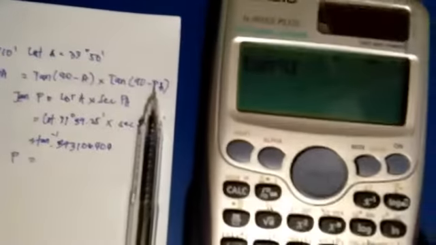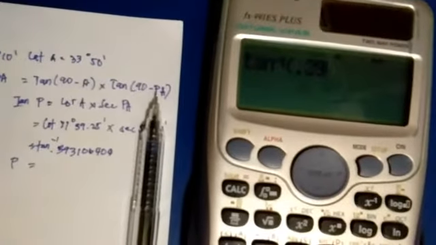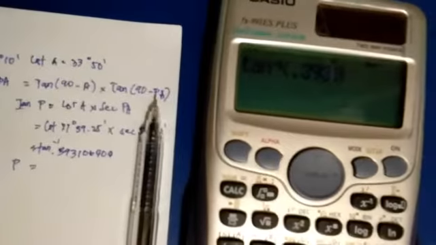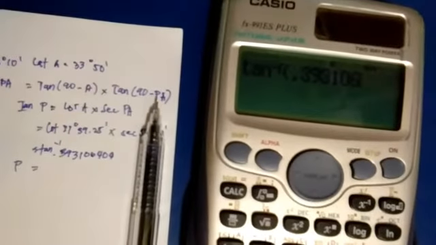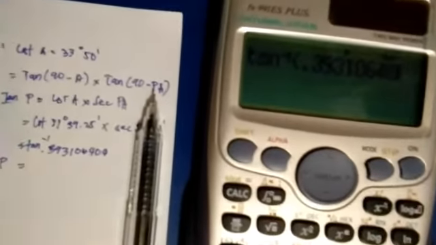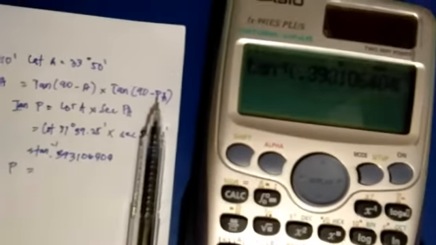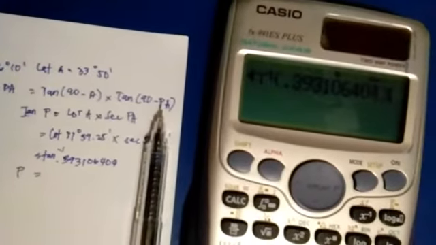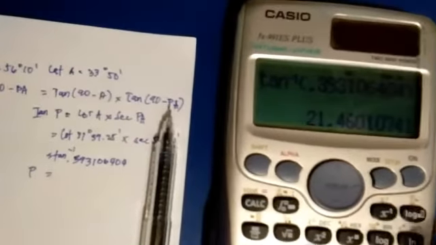So shift tan 0.393106404, and we will get 21 degrees and 27.19 minutes.